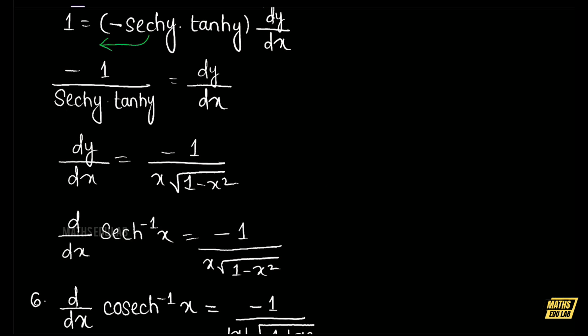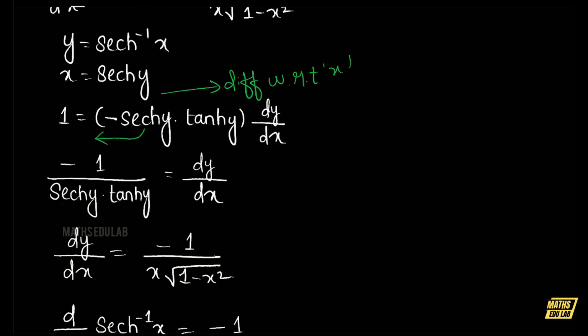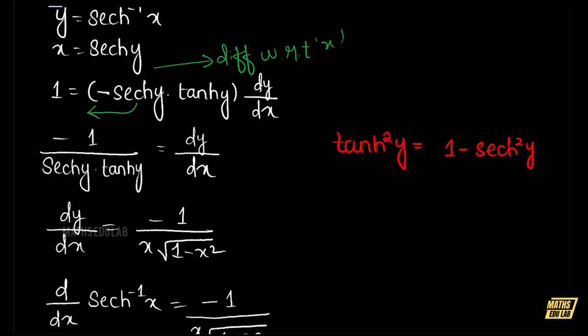Then as we know the formula, tanh square y is equal to 1 minus sech square y. So by this I can write tanh y is equal to root over 1 minus sech square y.